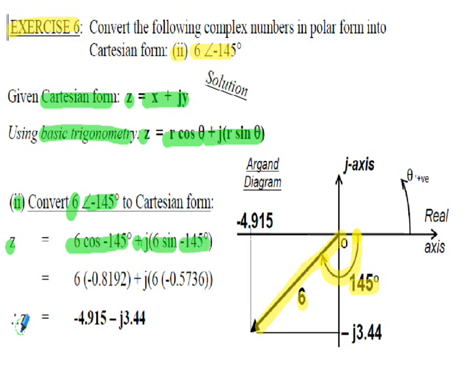Doing the arithmetic on that, we get z is equal to negative 4.915 minus j 3.44. So on the real axis we get the negative 4.915, and on the imaginary axis we get the negative 3.44. That's the Cartesian form of a complex number.